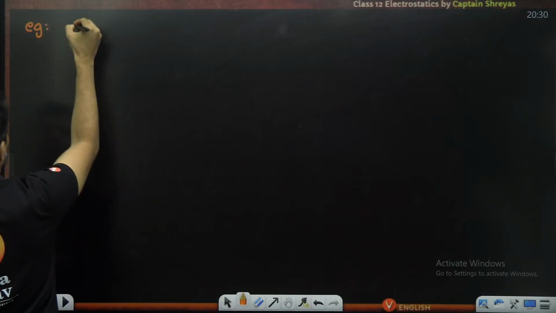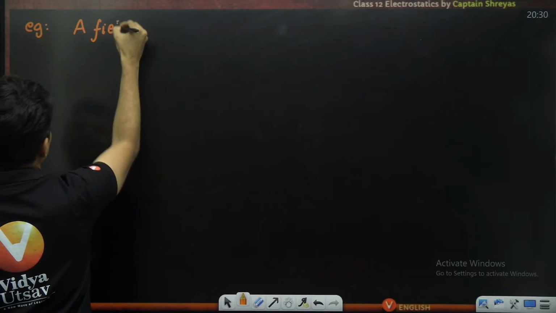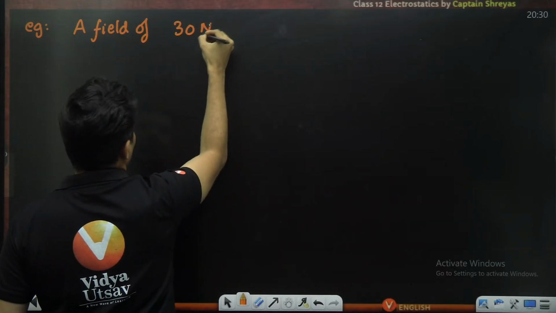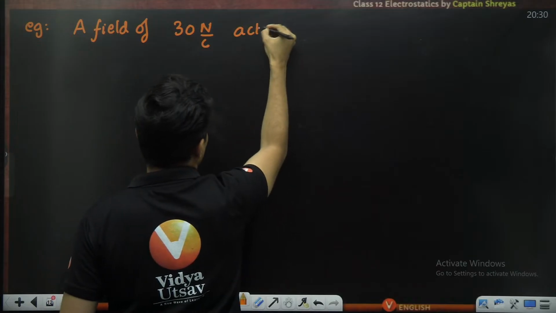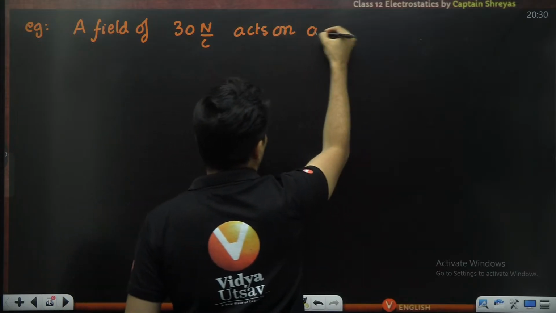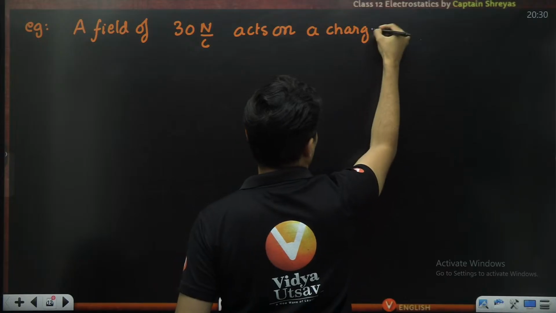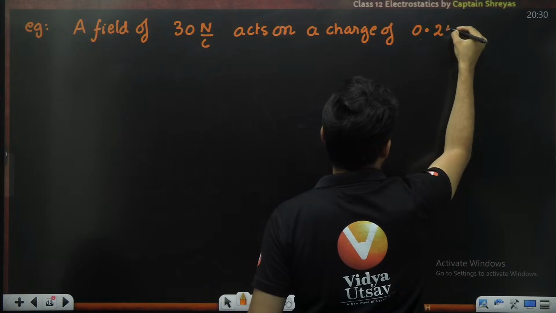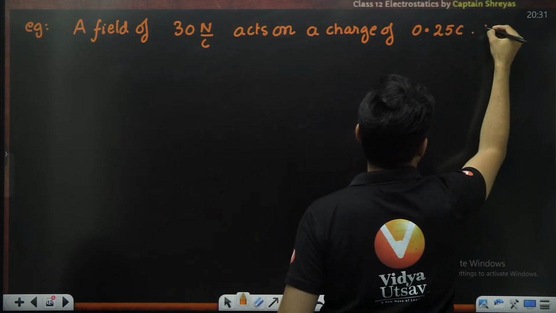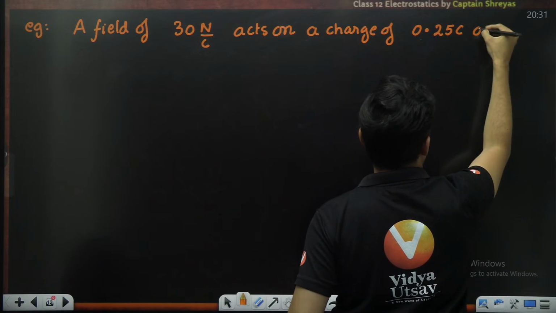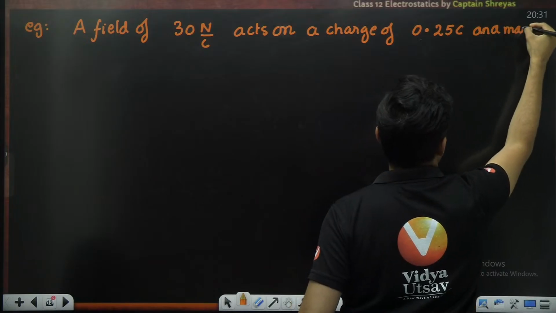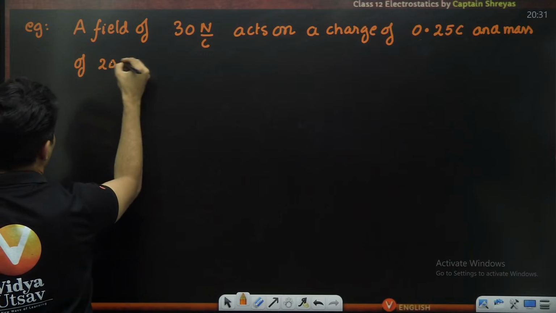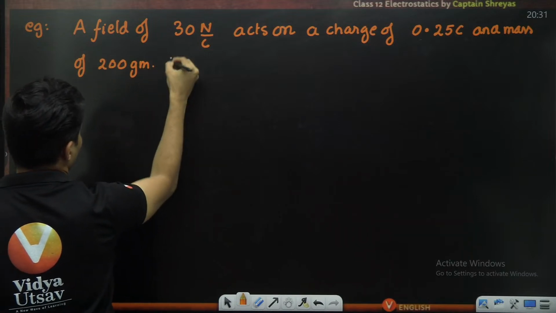Example: a field of 30 newton per coulomb acts on a charge of 0.25 coulomb and mass of 200 grams.